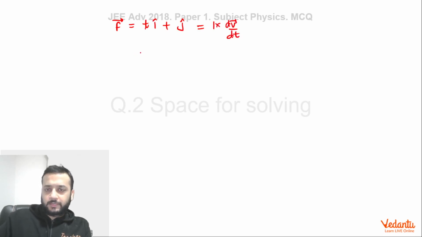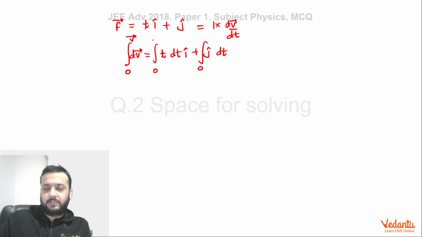So we can do the vector integration over here. dv is equal to t dt i cap plus j cap dt. Since initially the particle was at rest, velocity will be 0 at time 0, and velocity, let us say, becomes v at time t. So we will get v as t square by 2 i cap plus j cap into t.